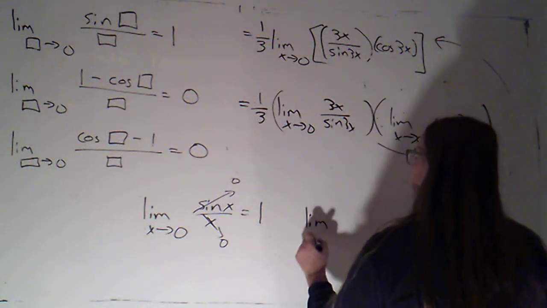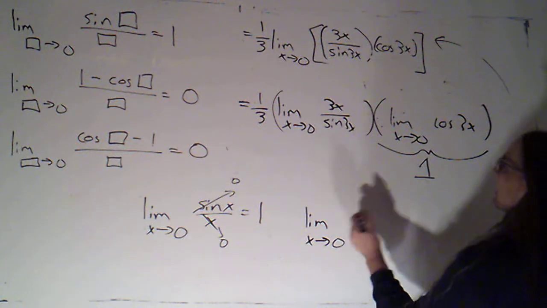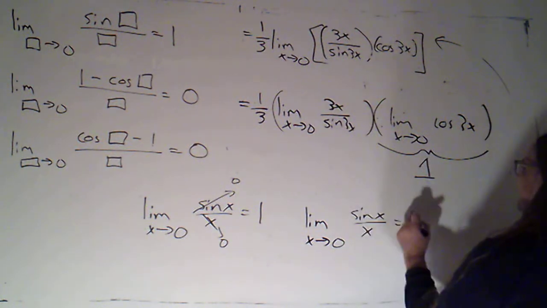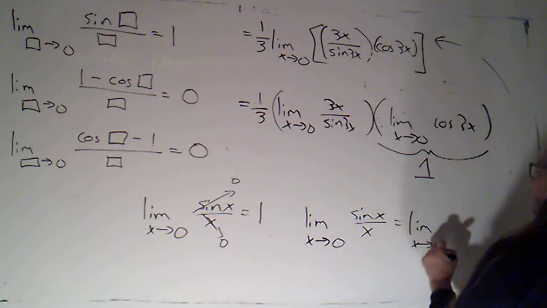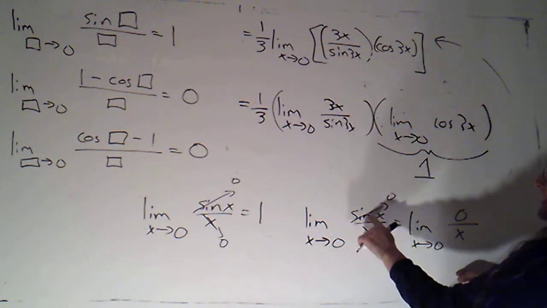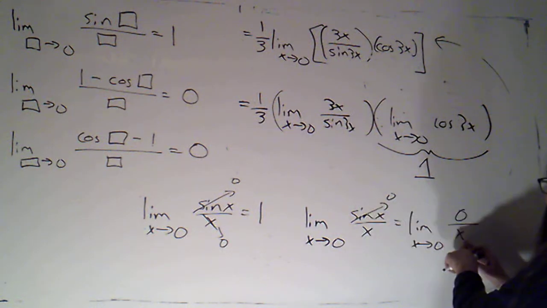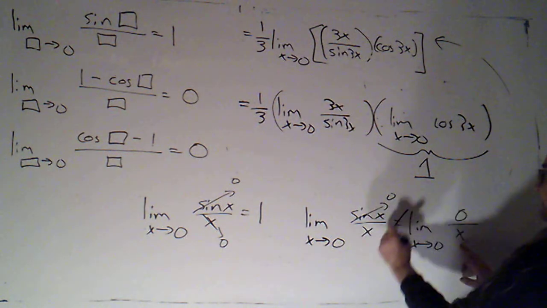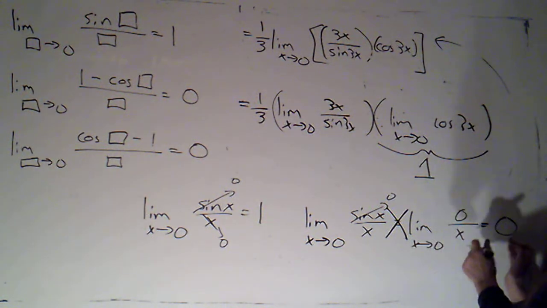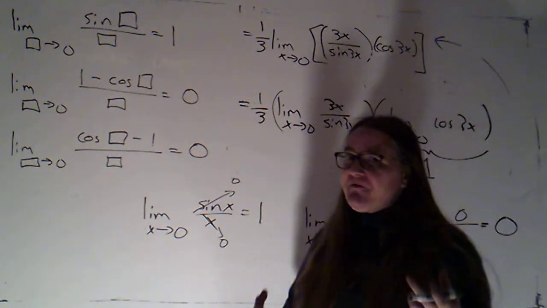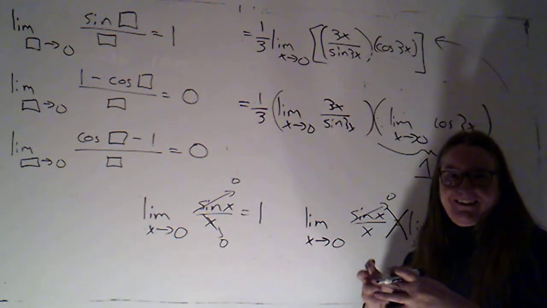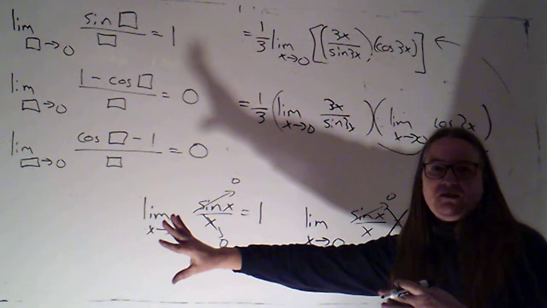So I can't say the limit as x goes to 0 of sine x over x is the limit as x goes to 0 of 0 over x. I can't just evaluate this piece and then deal with what's left. That's not true, because this limit here would be 0. I can't, if I'm evaluating a limit, I can't just deal with part of the expression and then apply the limit to the rest of it.